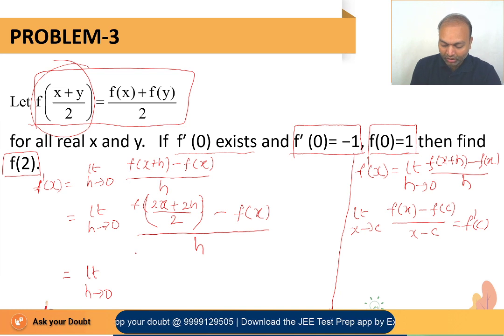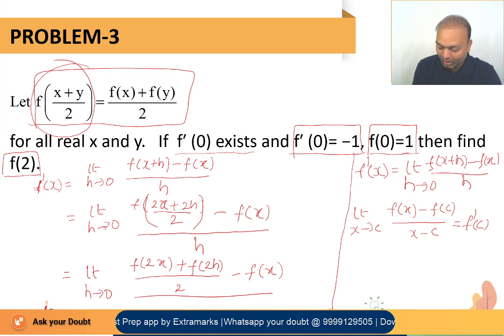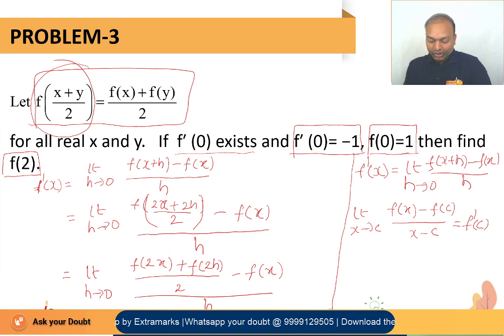The answer is f of 2x plus f of 2h, whole divided by 2, minus f of x, by h. Okay, then next you find out the f of 2x value.